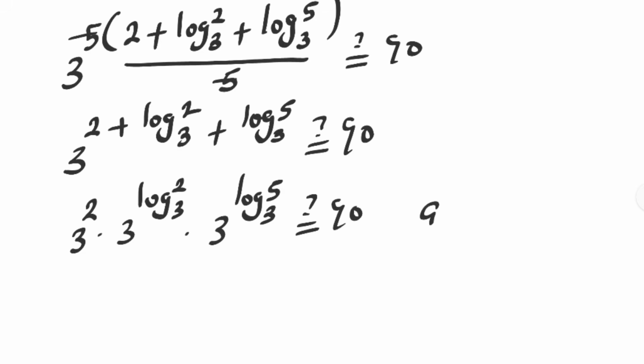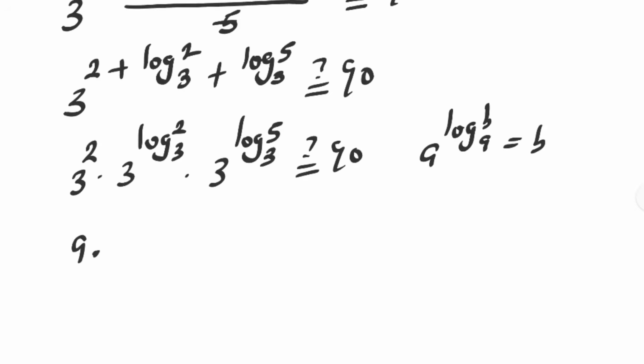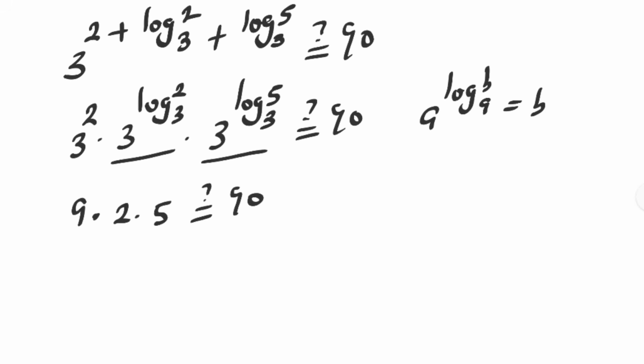If you have a raised to power log b base a, this is equal to b. 3 squared, that is 9, multiplied by 2, multiplied by 5, must be equal to 90. Then 9 times 2 times 5, this is 90, is equal to 90, which is true.